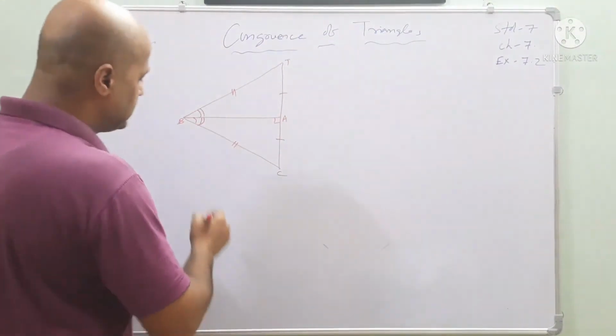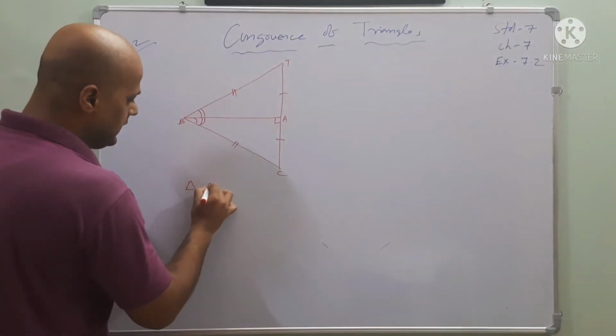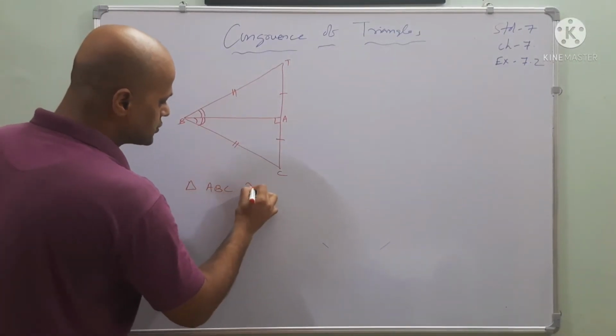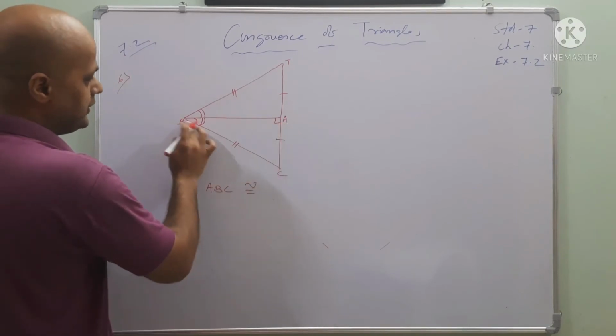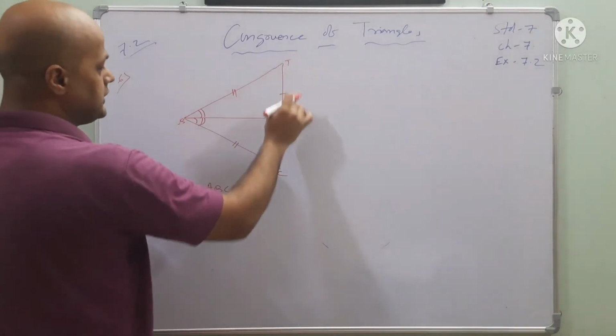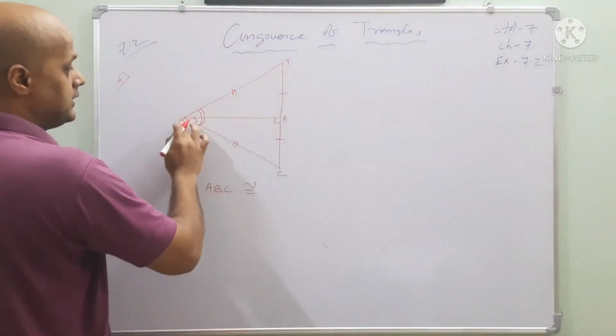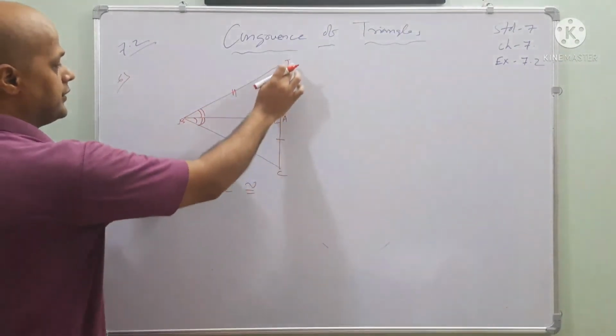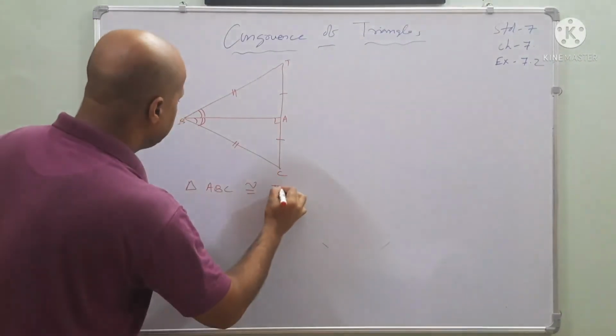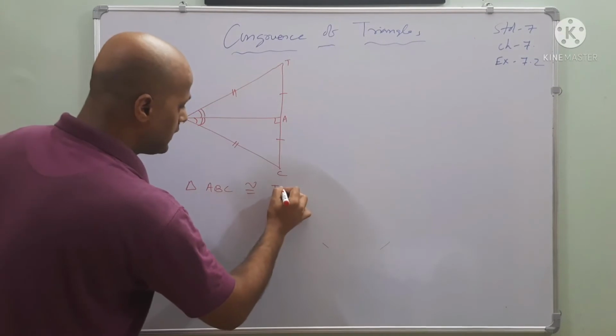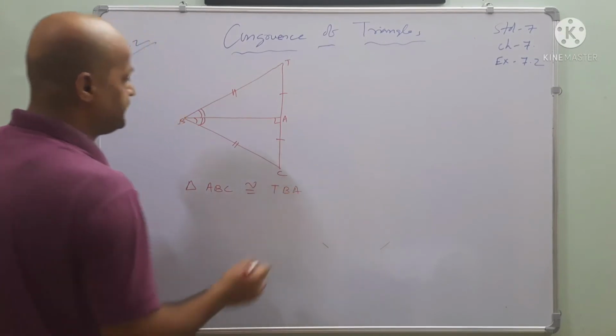Here it's saying that triangle ABC is congruent to TBA.